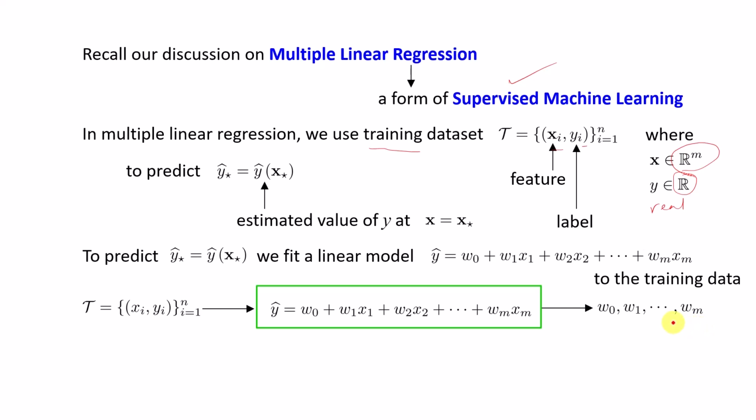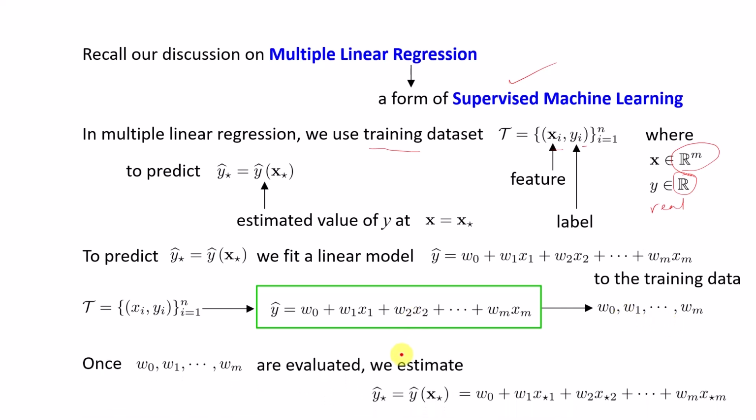Once we know all the unknown scalars, we can give this input x equals x star in this model, and we get the output y star hat, which is y hat at x equals x star. That would be W0 plus W1 x star 1, W2 x star 2, etc. up to Wm x star m.